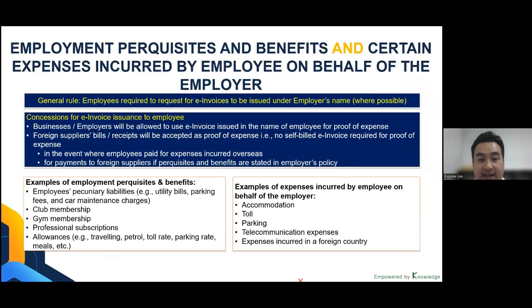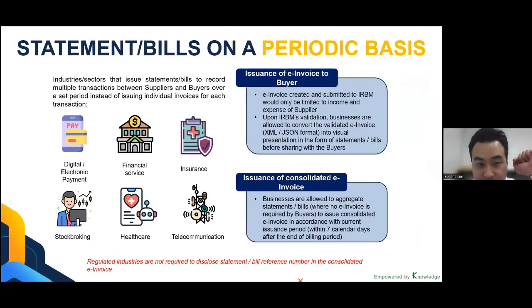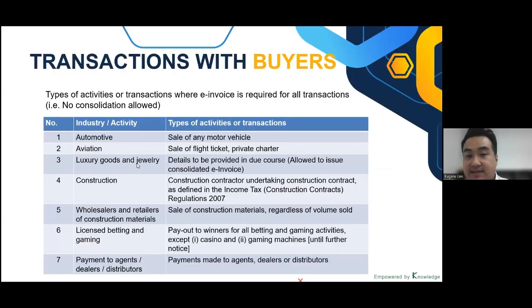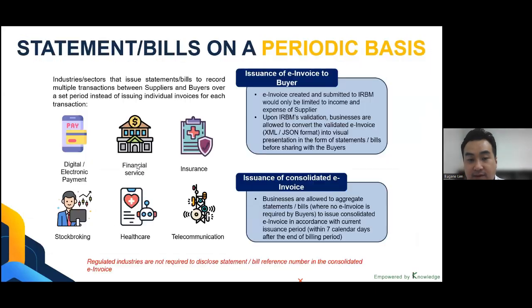Inside the e-invoice, they will indicate the description, charges, and payment frequency as monthly. Classifications like telephone bill will have their own classifications. The description will just say telephone bill for which month and how much. That will be considered as your e-invoice.